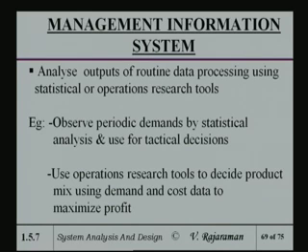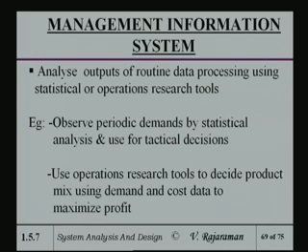Now, we have been talking about the three broad classifications of information systems. We said that the routine data processing system is the one which is very commonly used, and then management information systems are the ones which pay for themselves.